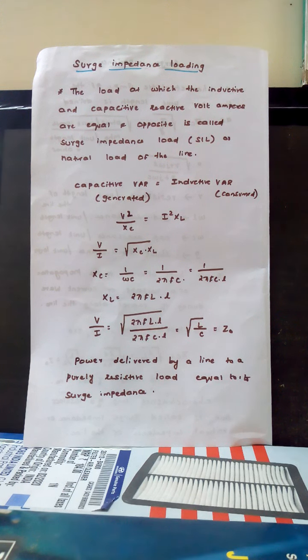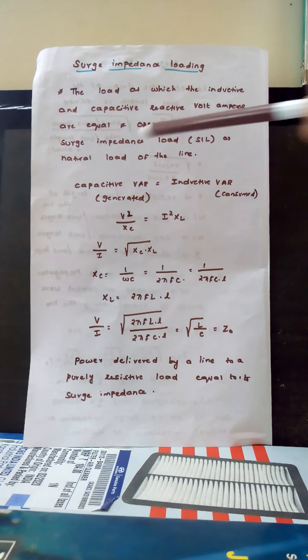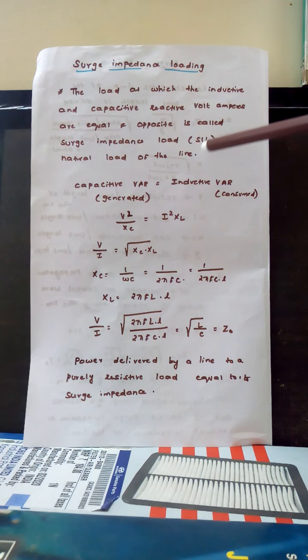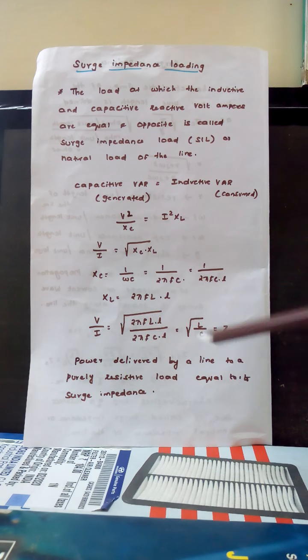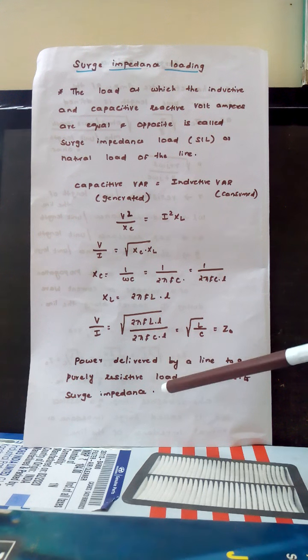The surge impedance loading is the power delivered by a line to a purely resistive load equal to its surge impedance. Its unit is watts or megawatts. That is the load at which the inductive and capacitive reactive volt amperes are equal and opposite. That is the surge impedance loading, which we call SIL.